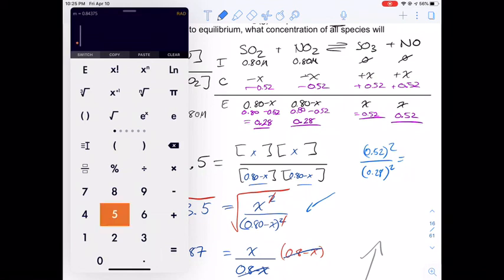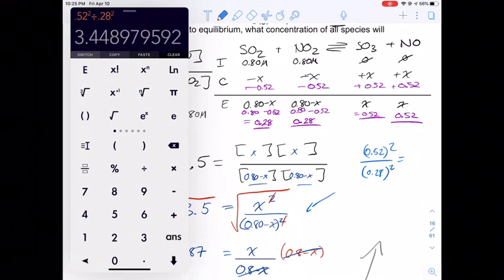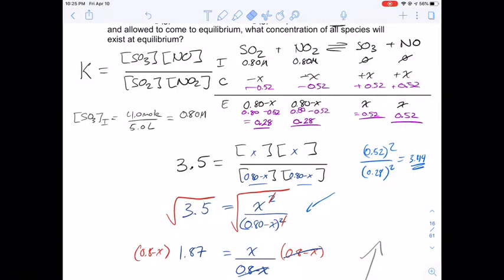So 0.52 squared divided by 0.28 squared, and the result is 3.44, which is pretty close. This is usually what happens when you lose a couple of decimal places as you're rounding. So that's probably close enough that we can call it a day. So that's a check, and it's close enough.